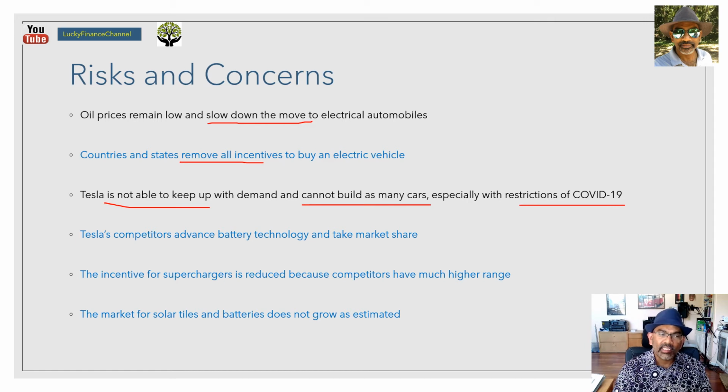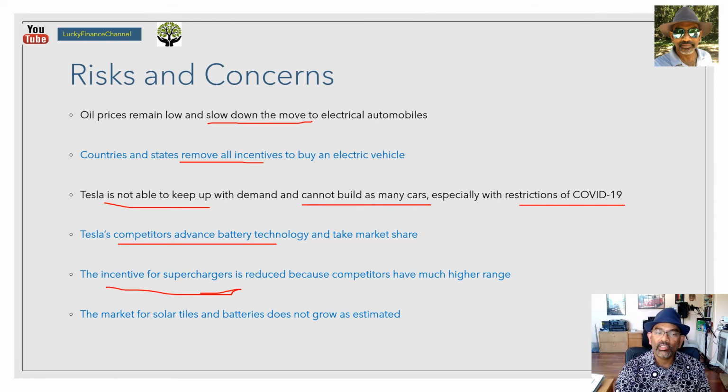The other thing is Tesla's competitors certainly could advance battery technology and take some market share. Volkswagen, BMW, Mercedes, they are working very hard to try and take some of this market share. So that could happen. And then, one of the big reasons people buy Teslas is because of the supercharging network, where Tesla's built up this network of superchargers all around the United States and in many parts of the world.